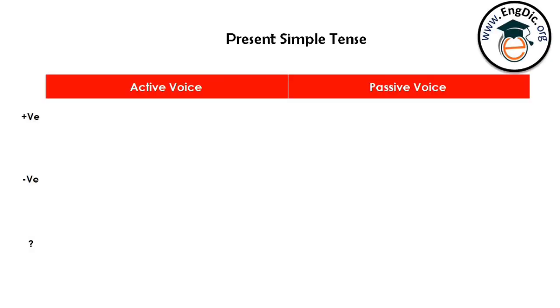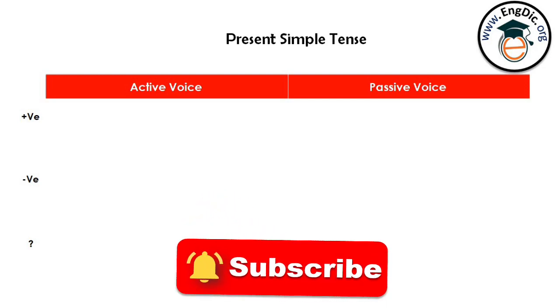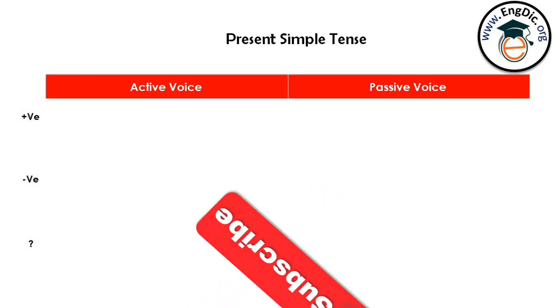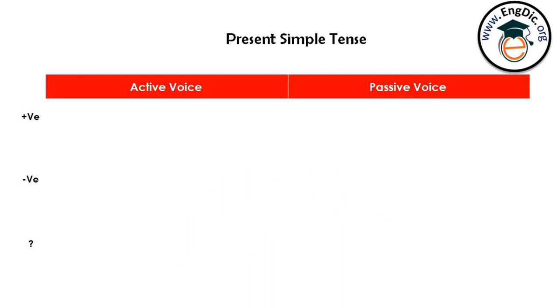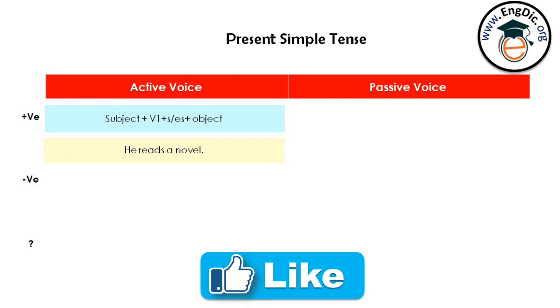Okay, now, as I told you before about the present tenses, we have three forms of present tense: the positive one, the negative one, and the interrogative one. So let's look at the positive sentence of active voice. The formation of a positive sentence of active voice is that we put the subject, first form of verb, s or es, object.